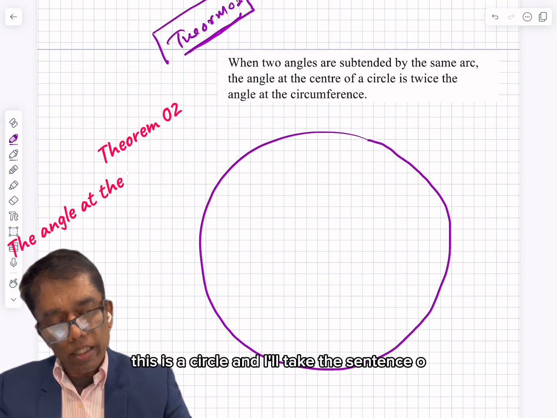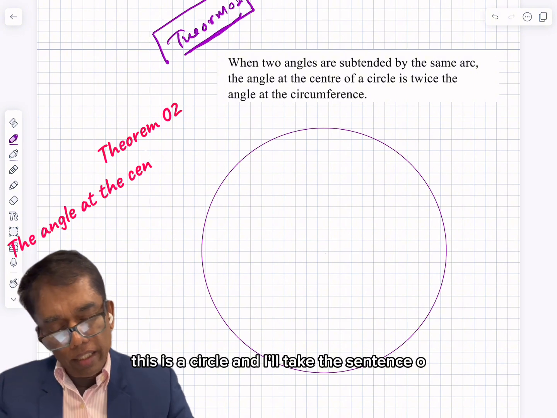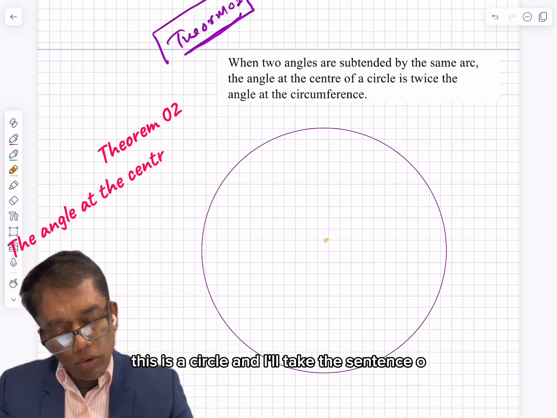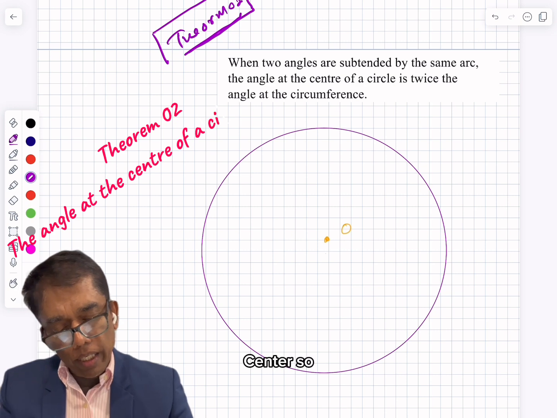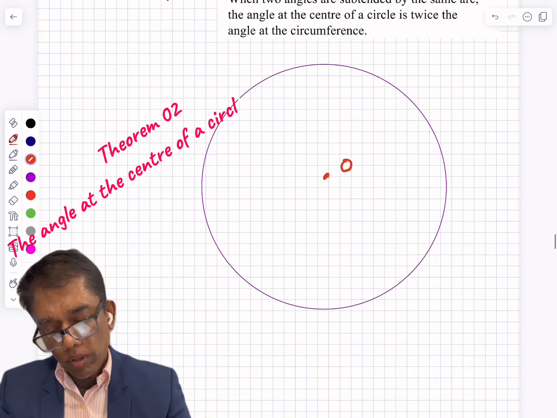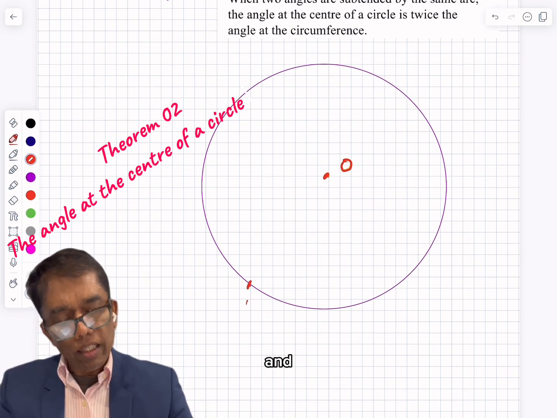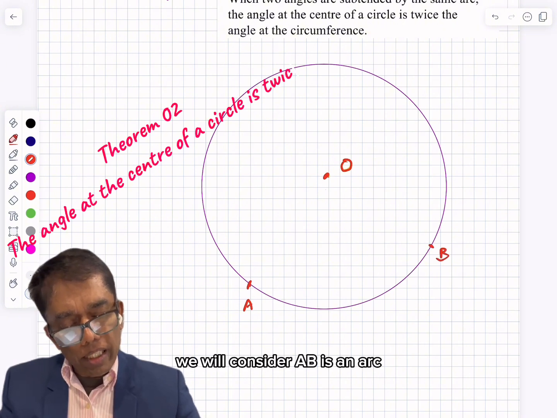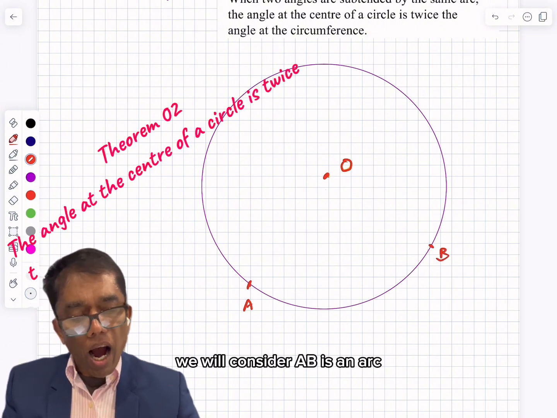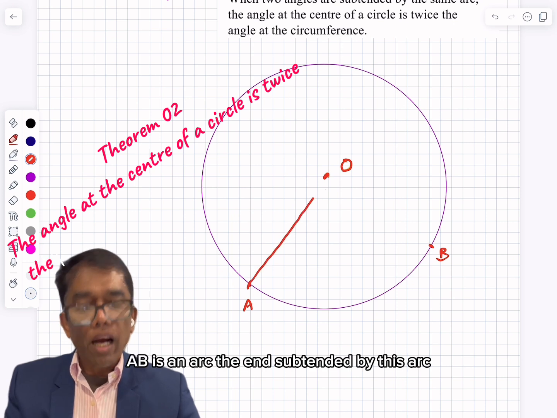This is a circle, and I'll take the center as O. We will consider AB as an arc. AB is an arc.